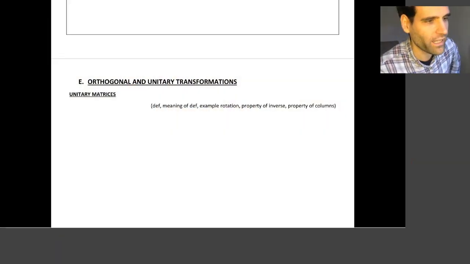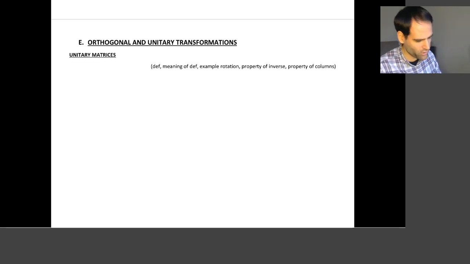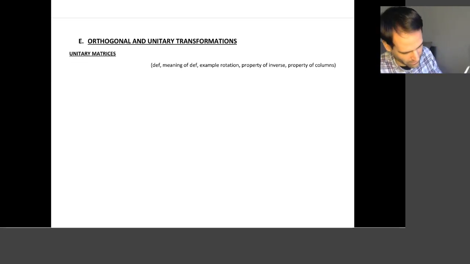So what is an orthogonal and a unitary transformation? Let's start with unitary matrices and unitary transformations. Okay, so what is a unitary transformation? This is the definition.